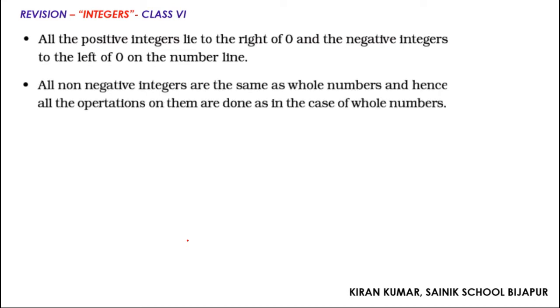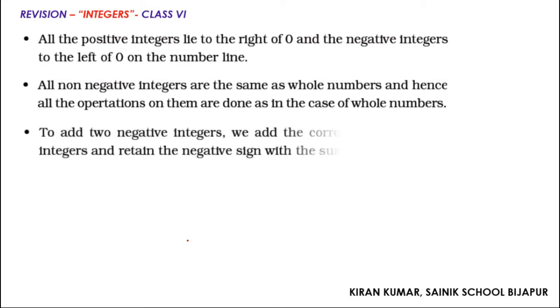All non-negative integers are the same as whole numbers as I mentioned earlier, and hence all the operations on them are done as in the case of whole numbers. To add two negative integers, we add the corresponding positive integers and retain the negative sign with the sum.